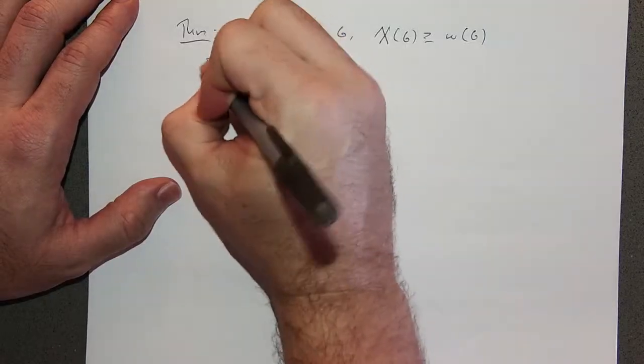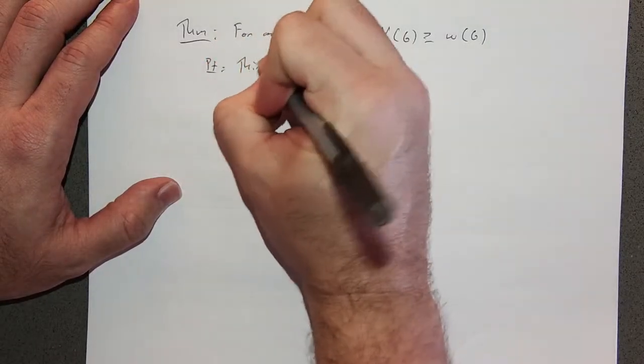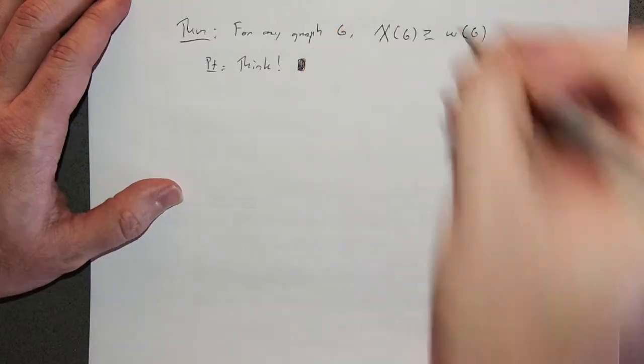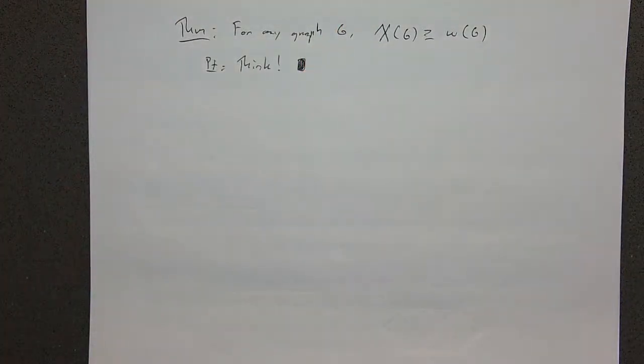For the proof, give yourself a one-line description of why that's the case. Think about what it means. For instance, let's say a graph has clique number 3. So it contains K3 as a subgraph, the largest complete graph it contains. Think about what that means for any proper coloring of that graph.